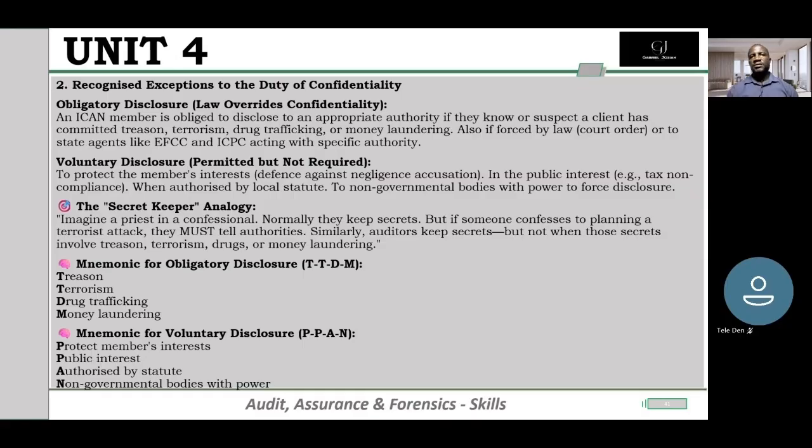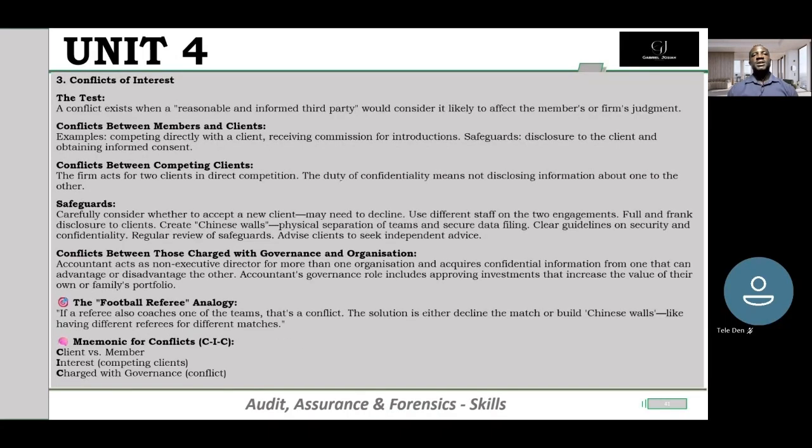And for voluntary disclosure, PPAN: you protect members' interest, you act in the public interest, you are authorized by statute, and you are empowered by NGO bodies with powers to voluntarily disclose. This is very, very important.